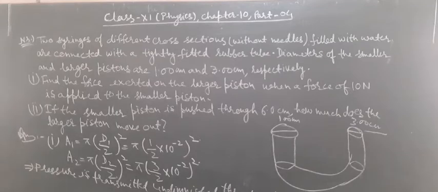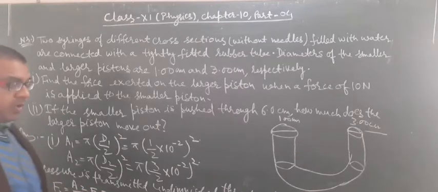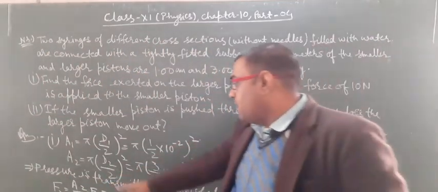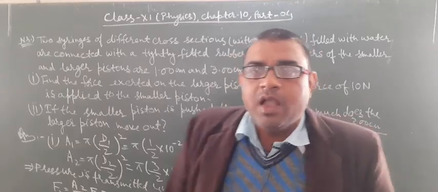So F2 is equal to A2 upon A1 into F1. F2 is equal to what? Because F2 upon F1 is equal to A2 upon A1. So F2 is equal to A2 upon A1 into F1.